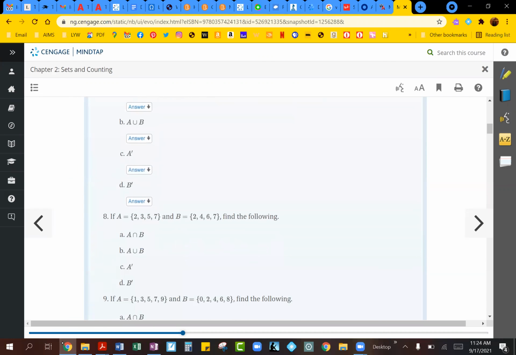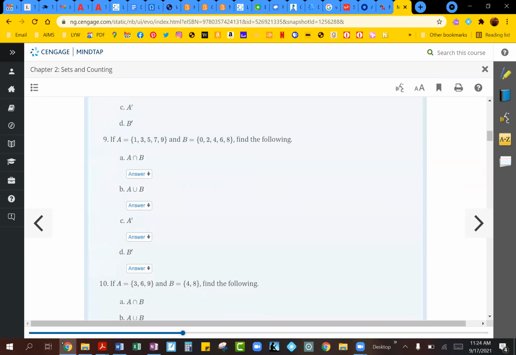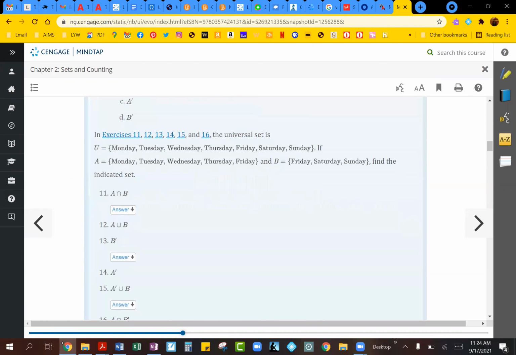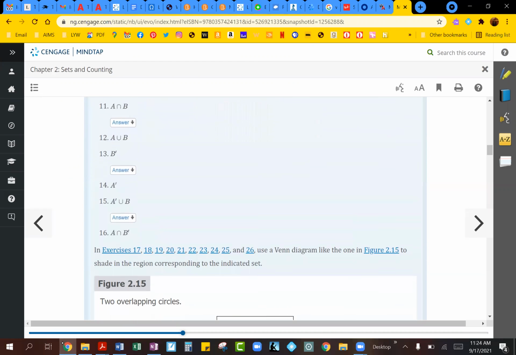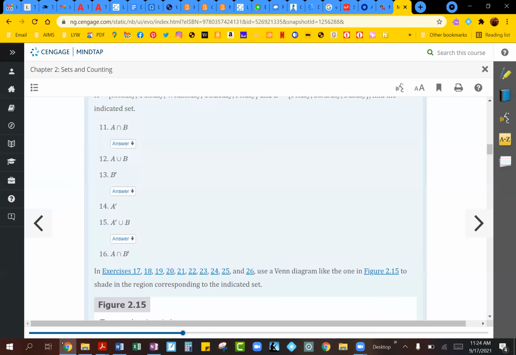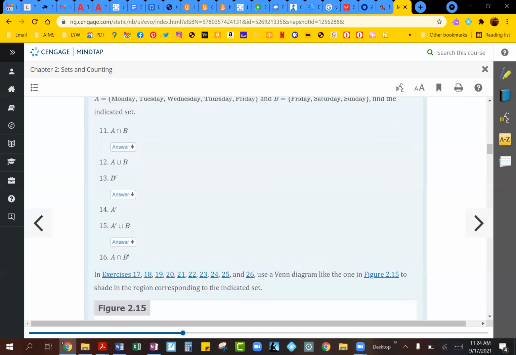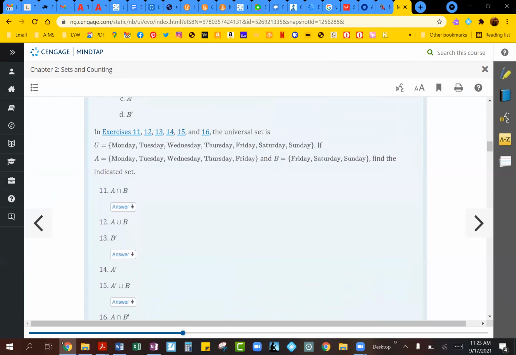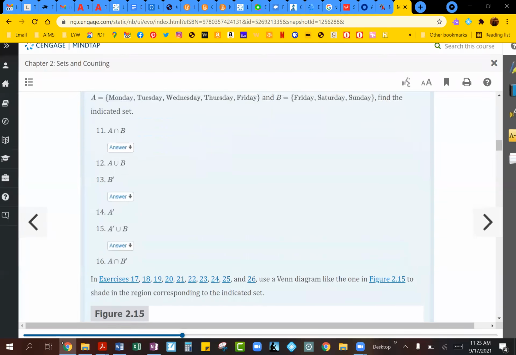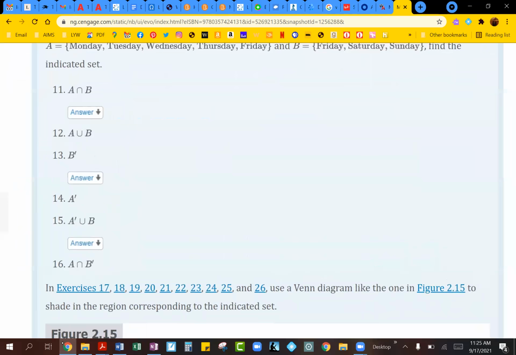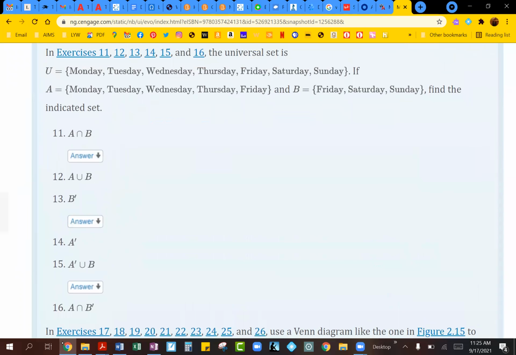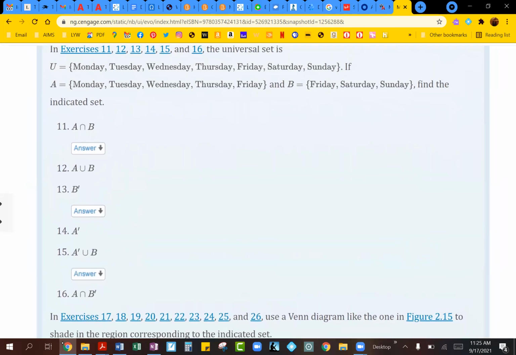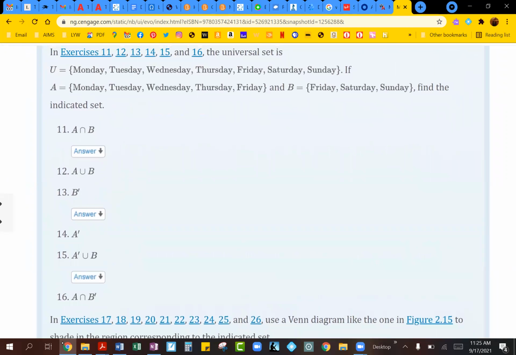So we had worked on example 10. Let's do number 16 over here. So here are your instructions for number 16. Trying to get it all on one screen so you guys can see.